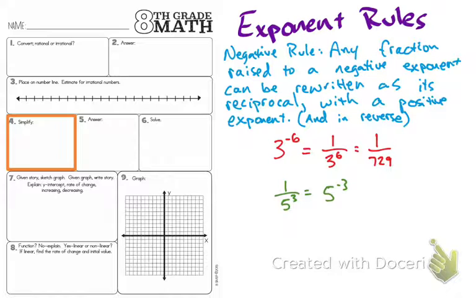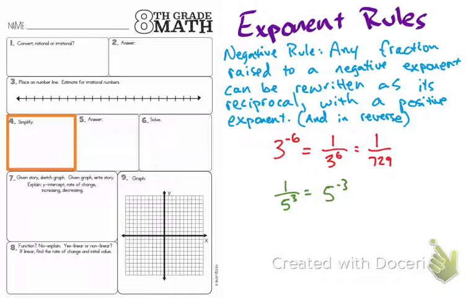Another example of this is we said that we could do this in reverse. So if I started with a fractional exponent, like 1 over 5 to the 3rd power, I could also flip this around and write it as 5 to the negative 3rd power. Both of those things are describing the same number.